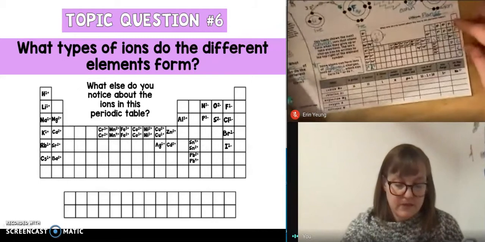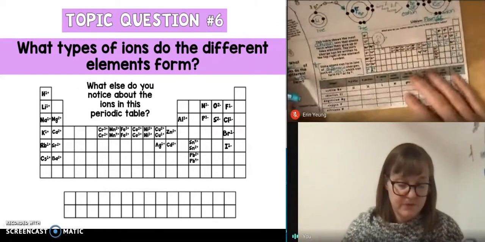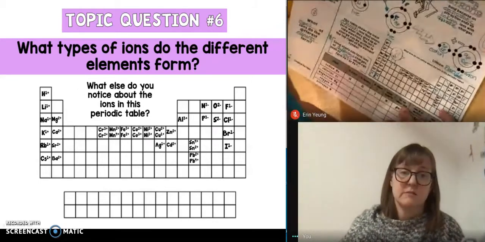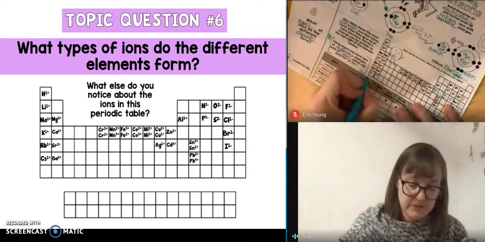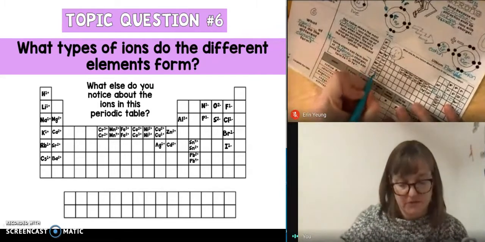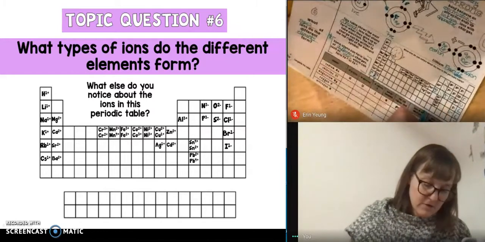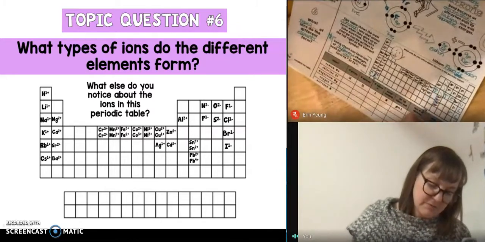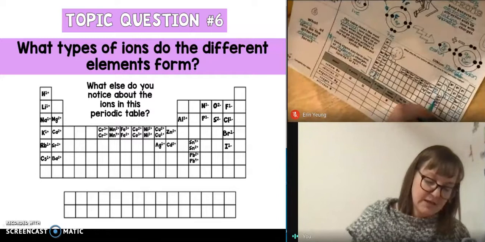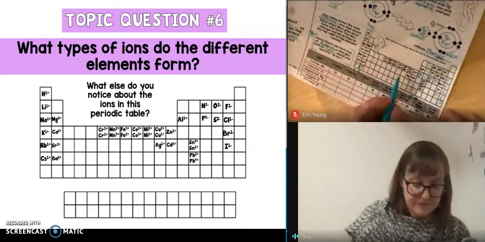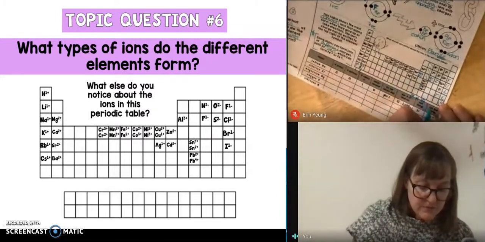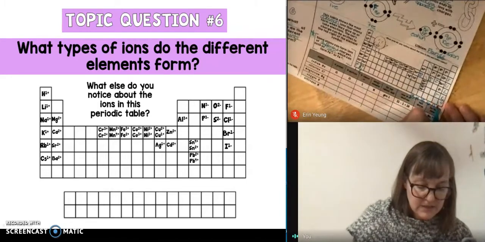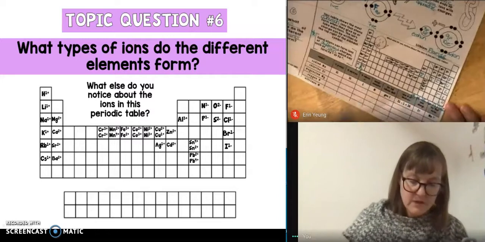And then this says, what else do you notice about the periodic table? We've done this multiple times now, and we're going to do it again. Group 1 has 1 plus, group 2 has 2 plus, group 13 has 3 plus, group 14 has nothing, it's going to stay neutral, group 15 goes to 3 minus, 16 is 2 minus, 17 is 1 minus, and then 18 is full.